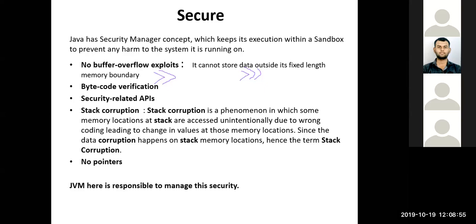So what was happening in that case? If we don't release the memory, that memory is still occupied, and that can be a cause of a virus attack. That could be a cause of memory leakage.